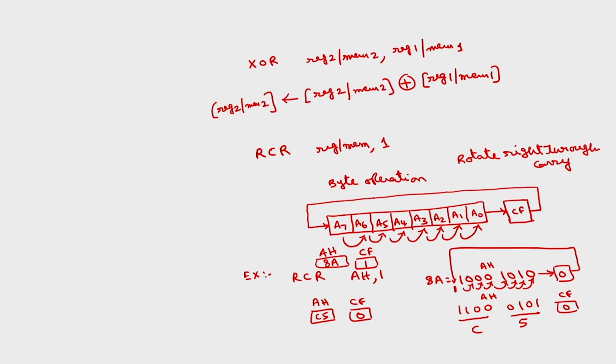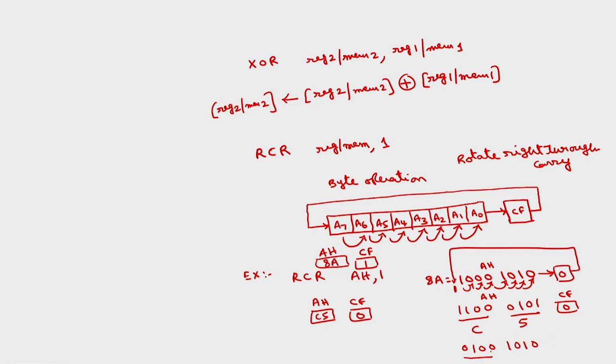What will be the contents? The same operation. So, the contents will move here. So, this will move into the carry flag as well as this. So, what are these contents? The last content 0 is moving to here as well as here. So, what happens is here this becomes 0, this 8A is 1 0 0 0 1 0 1 0 and carry flag is anyhow 0.